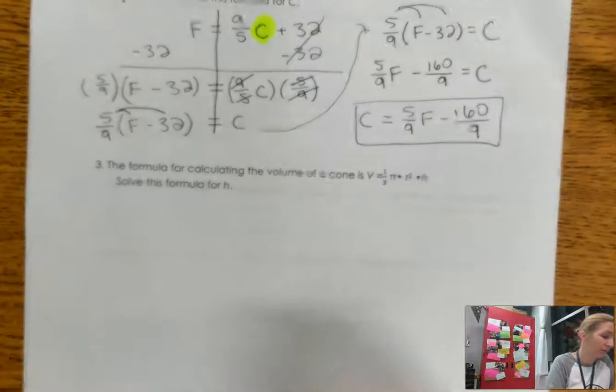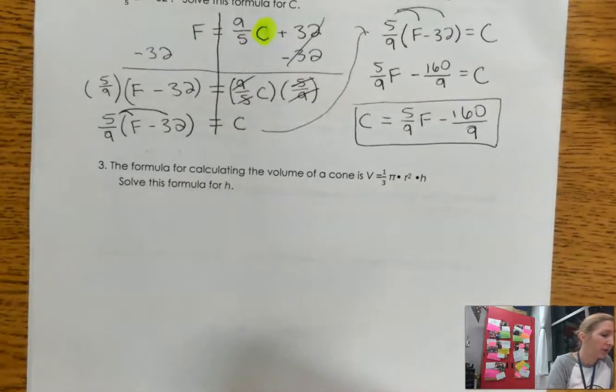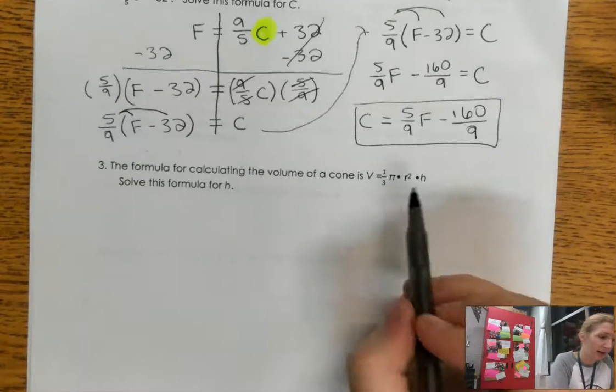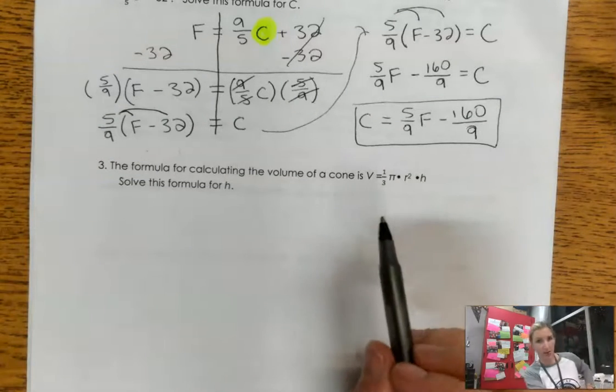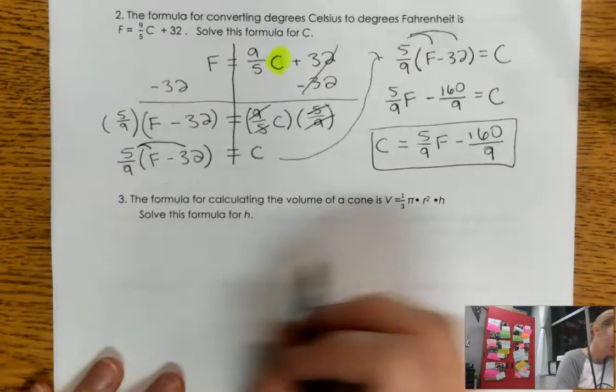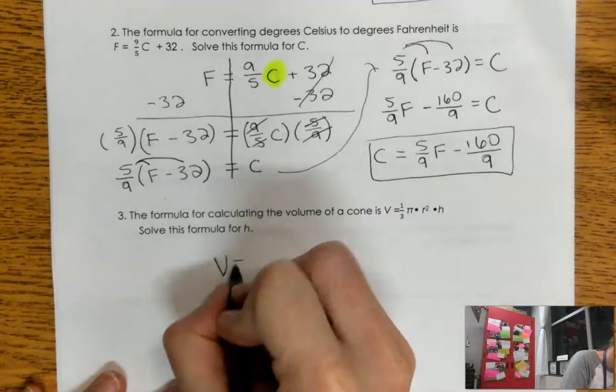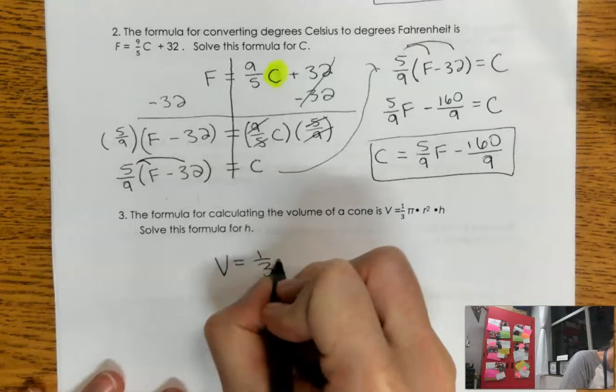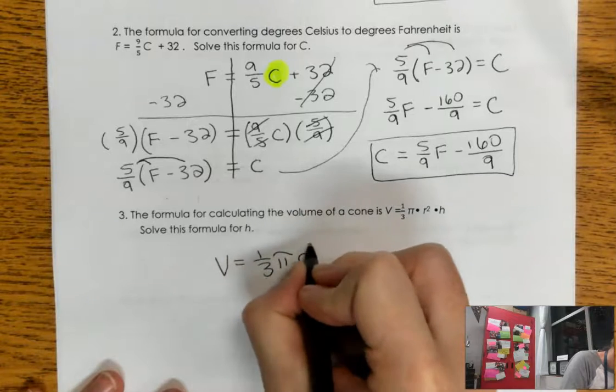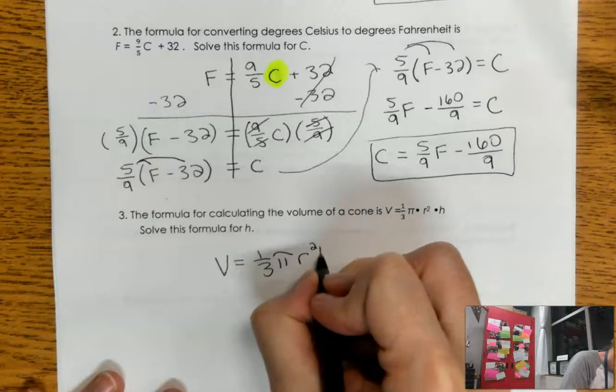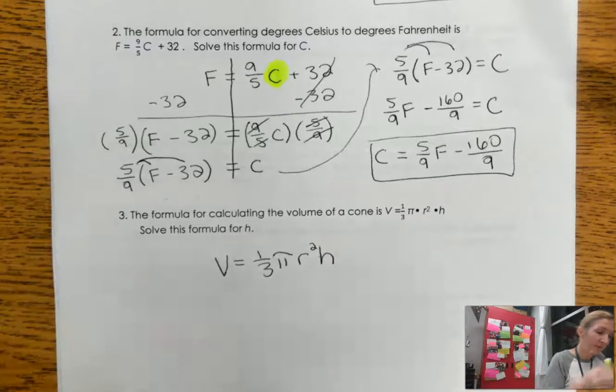All right, number 3. The formula for calculating volume of a cone is V equals 1/3 pi, and that dot means times, so times R squared times H. Solve this formula for H. All right.